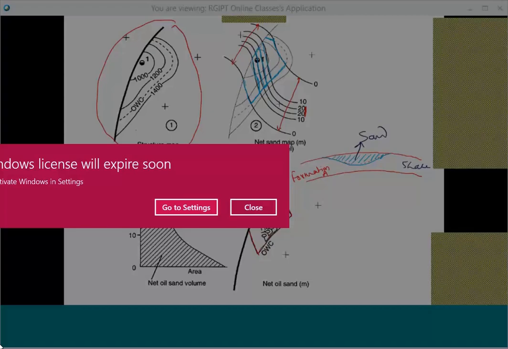So that way, let's say 20 meter, you got this one, 10 meter, you got this one, 0, you got this one, and so then you can make this shaded region. That is what it's going to give you, volume of your channel sand confined to that particular structure. Is this clear now?